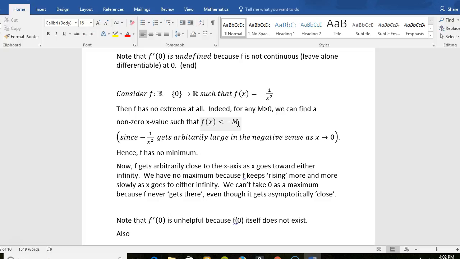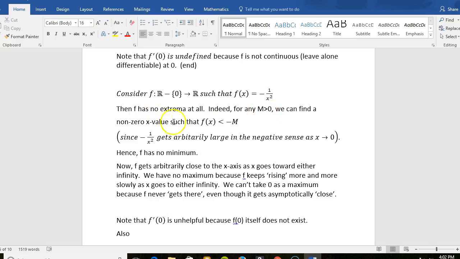Now, as far as having a minimum goes, guys, this right here shows hence f has no minimum. All this shows right here is we have no minimum. So for any negative value, it'll equal negative m.